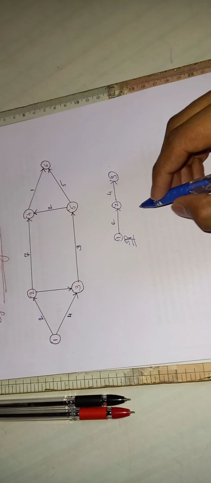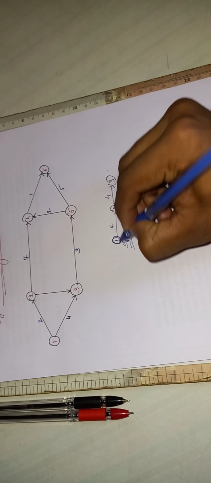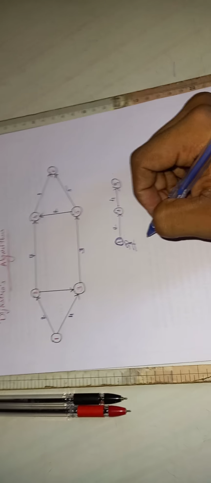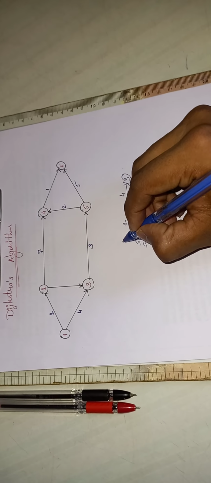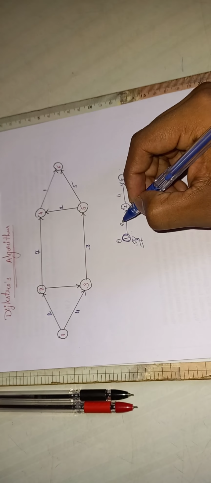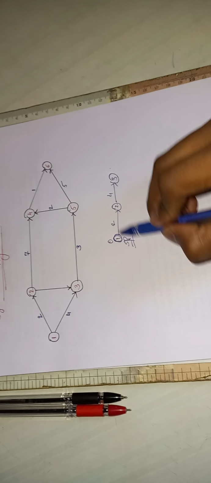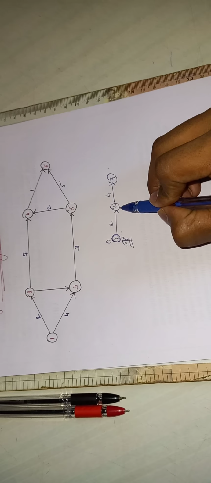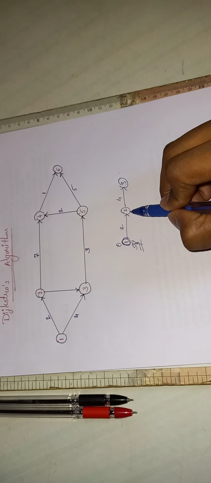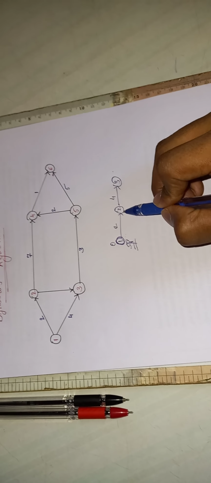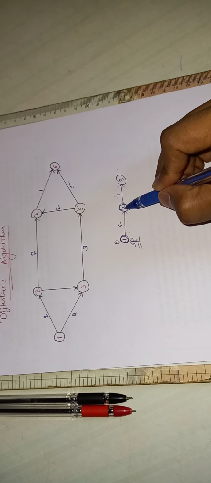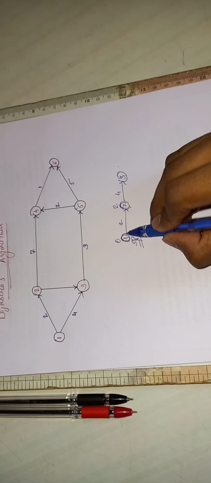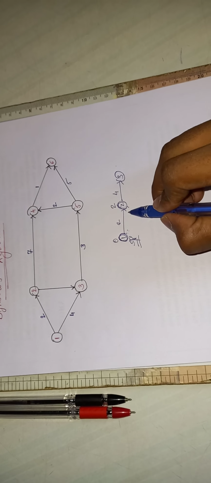First we consider relaxation. Initially this is the starting point of our traversal, so we consider its cost as 0. Traveling to 2, which is the shortest path, the distance of this vertex will be 2, as the cost of this edge is 2.